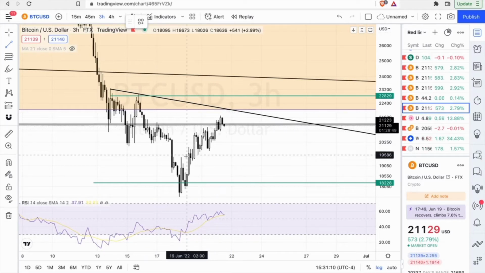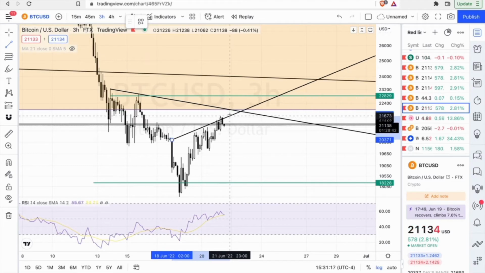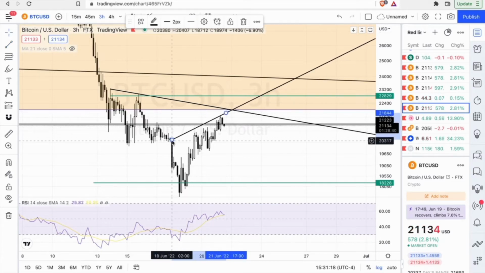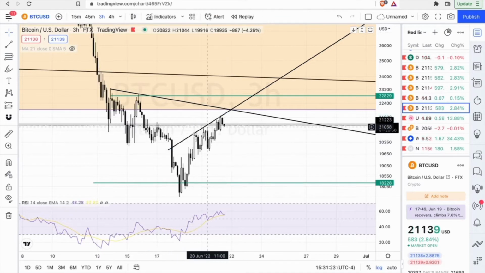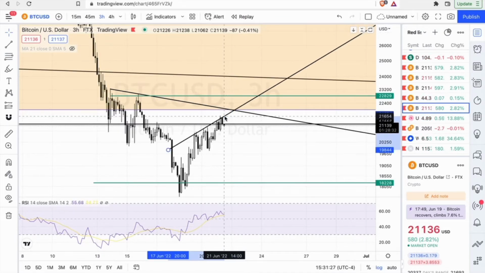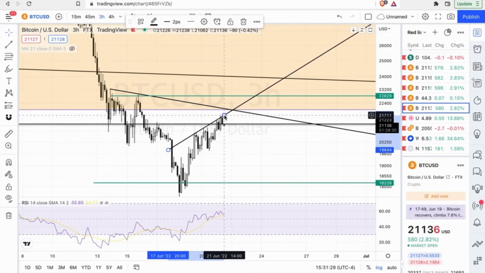So we see this pretty steep climb from price action right here. And when I see that, we connect the 3 wicks, 1, 2, 3.